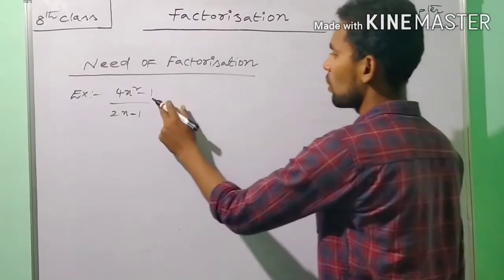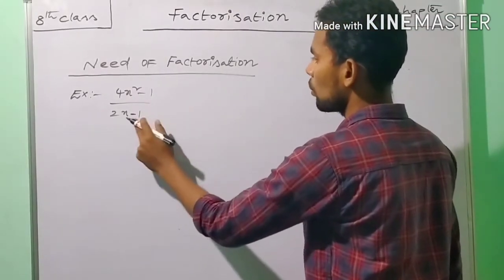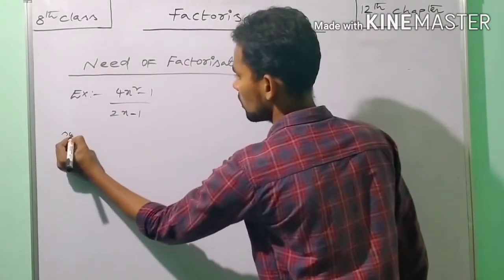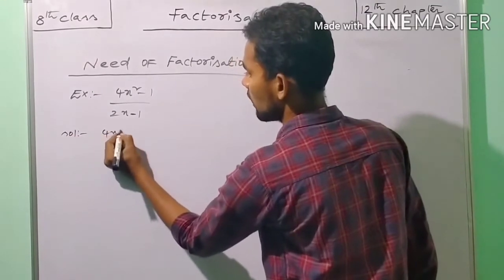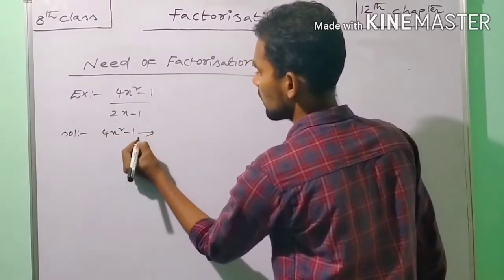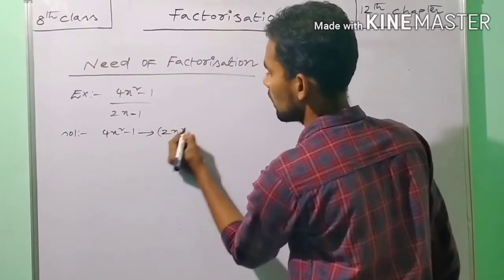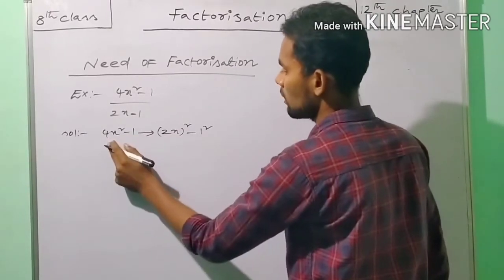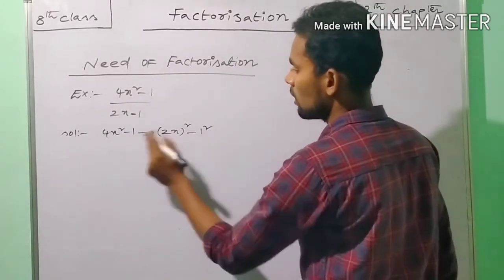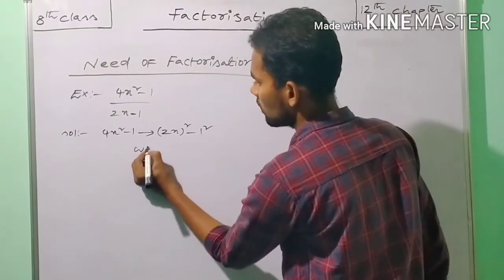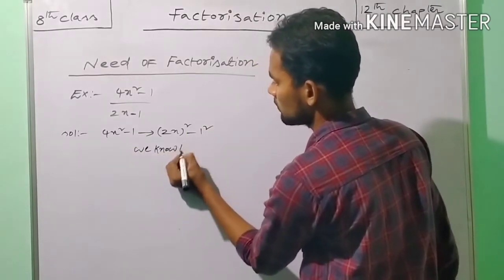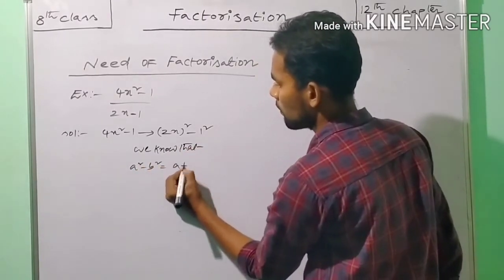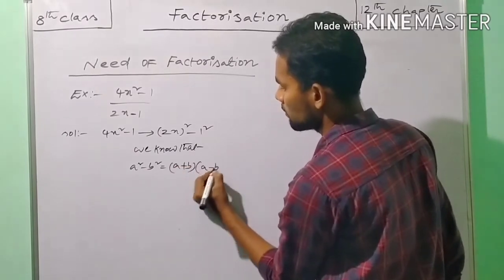Next, need of factorization. For example, (4x square minus 1) by (2x minus 1). How can we solve this? Solution: 4x square minus 1 can be written as (2x) whole square minus 1 square. We know that a square minus b square equals (a plus b) into (a minus b).